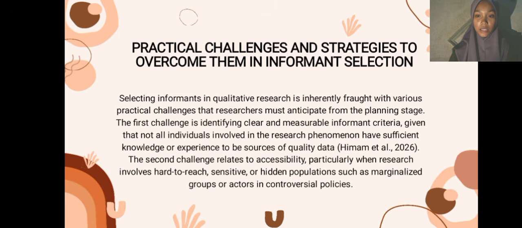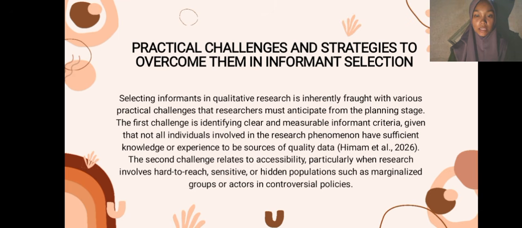Next, practical challenges and strategies to overcome them in informant selection. Selecting informants in qualitative research is inherently fraught with various practical challenges that researchers must anticipate from the planning stage.